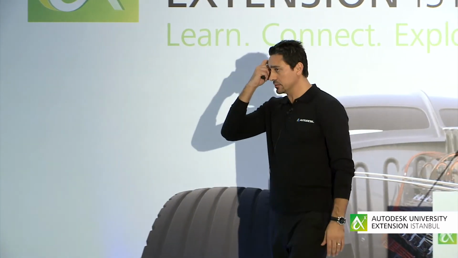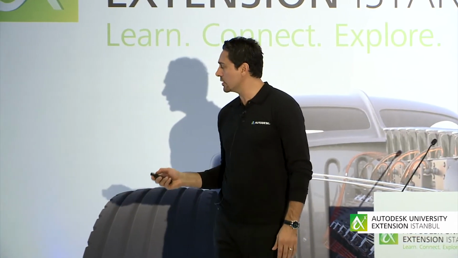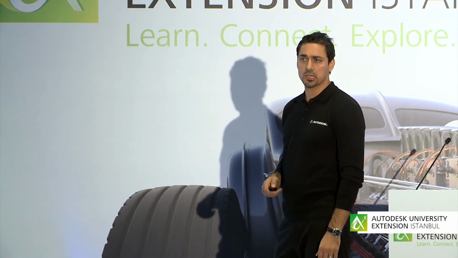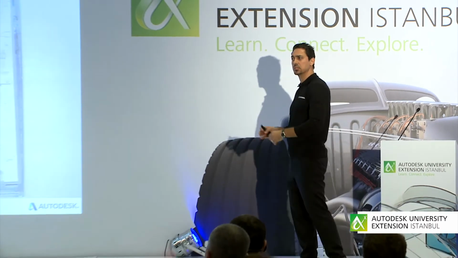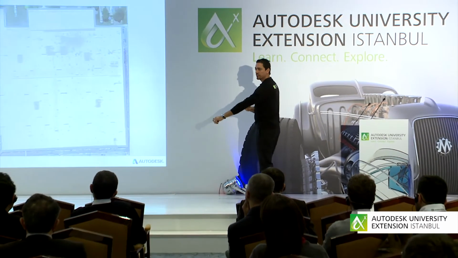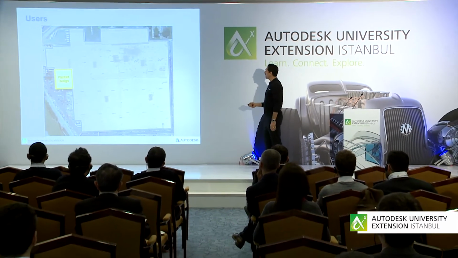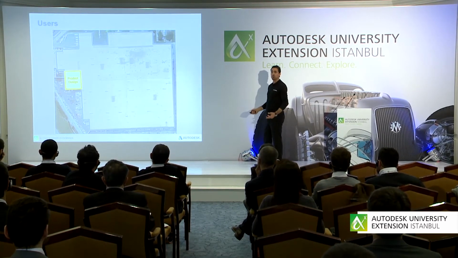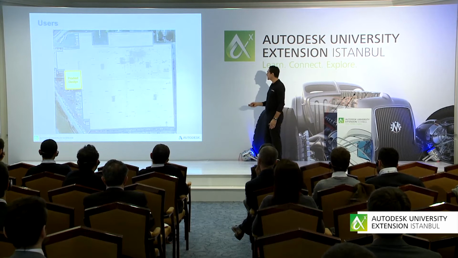To explain that, these users are sitting here for the product design suite. So they're the team coming up with the design, the cool stuff, and there's a big white space here, and that's basically the rest of the actual factory.